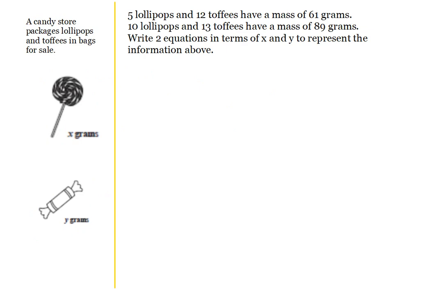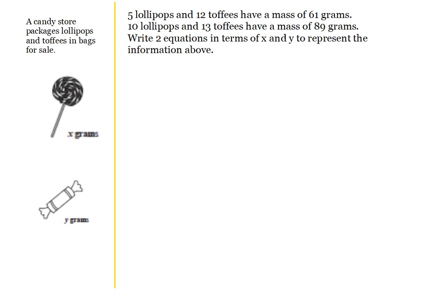The one that I found that we're going to be using is based on these items here. They say a candy store packages lollipops and toffees in bags for sale. They give us these images here, although they would have said it in the worded statements as well, but I'm just working with the images. So they're telling us that the mass of one lollipop is x grams.